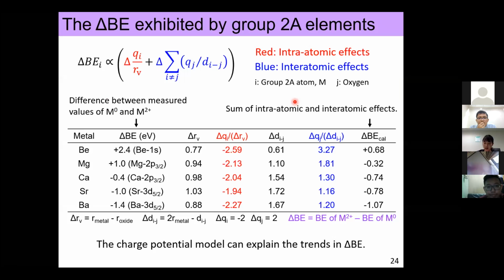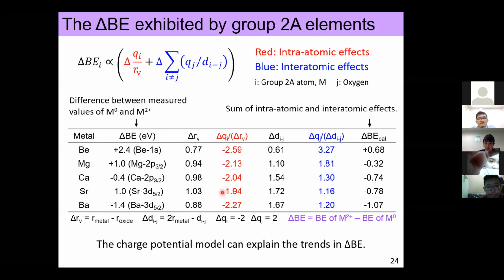So let's calculate the difference of binding energy for group 2A elements. These are group 2A elements. These delta BE values are determined by the measurement. So we have RV and charge value.